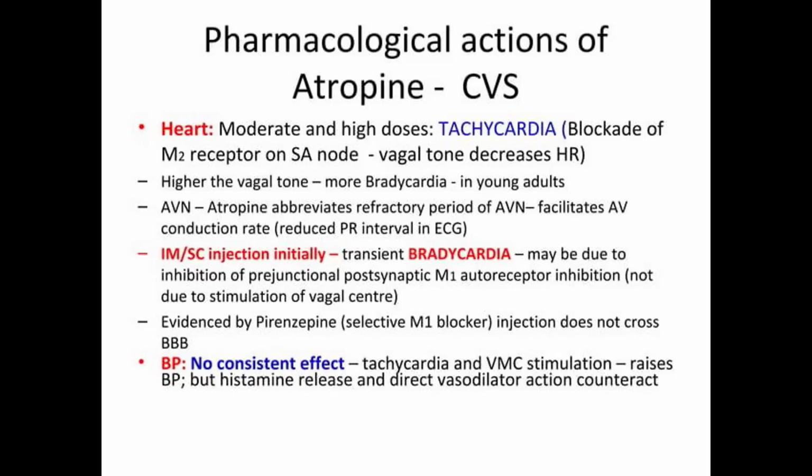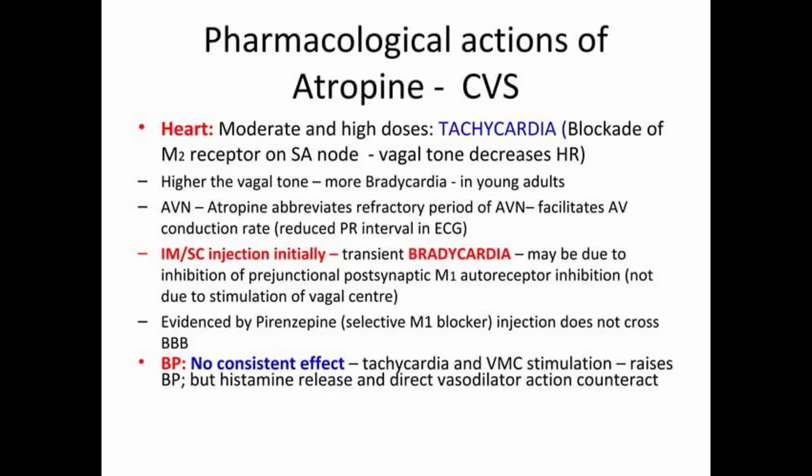Blockade of M2 receptors on the SA node decreases vagal tone. The higher the vagal tone, the more bradycardia. Sometimes it can have inhibitory or excitatory effects, so you will never be sure. But at moderate and high doses, it's tachycardia.